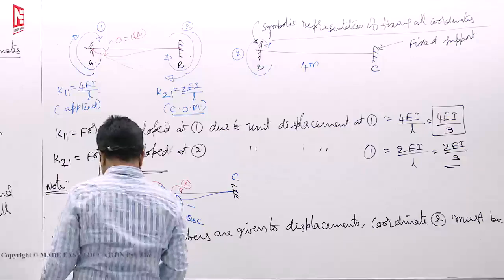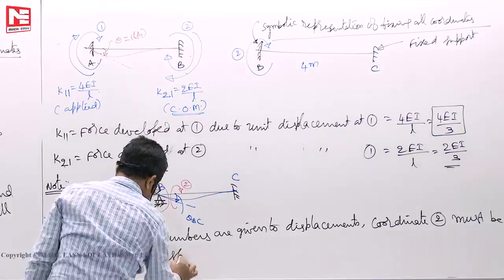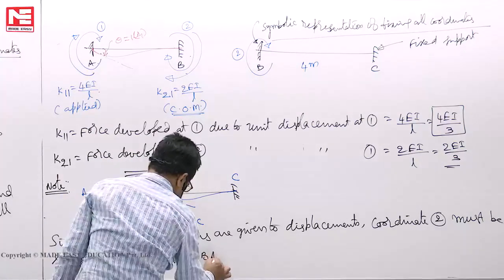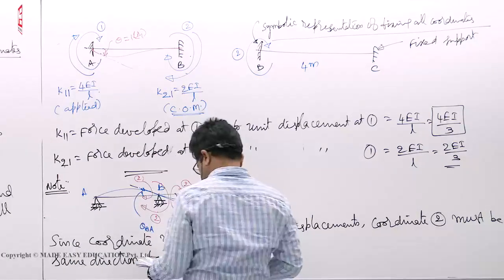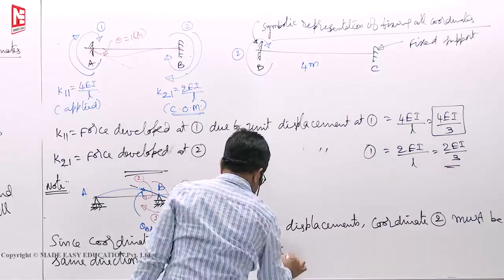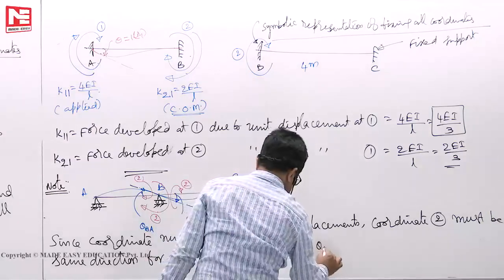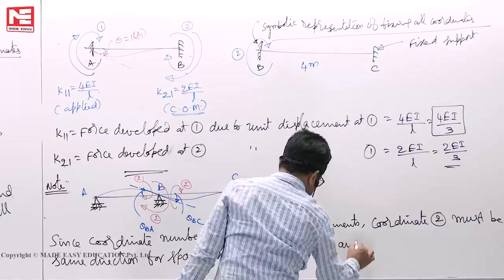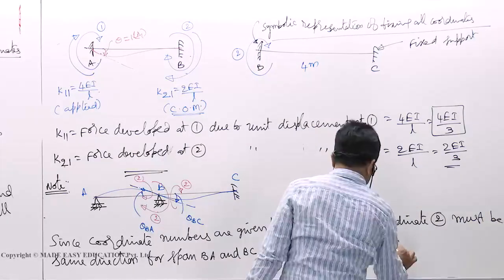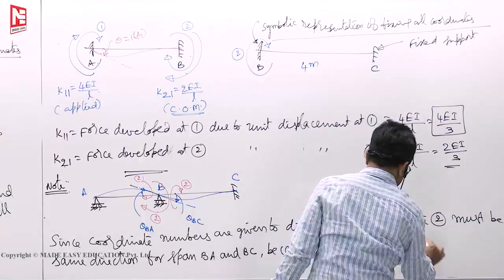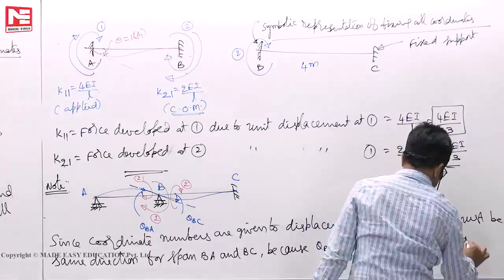It must be in the same direction for span BA and BC, because theta BA and theta BC are in the same direction.